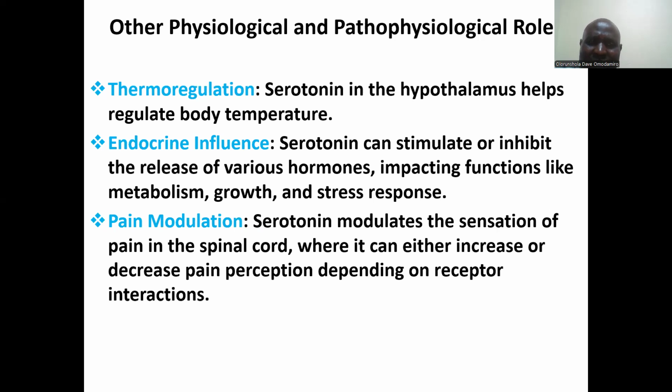Also, as an endocrine influence, serotonin can stimulate or inhibit the release of various hormones, impacting functions like metabolism, growth, and also stress response. Also pain modulation. Serotonin modulates the sensation of pain in the spinal cord, where it can either increase or decrease pain perception depending on the receptor interaction.